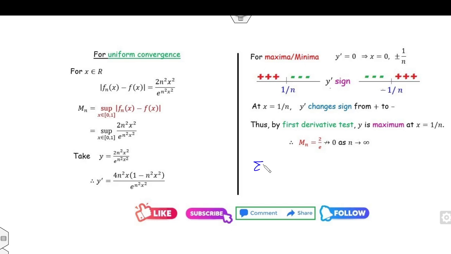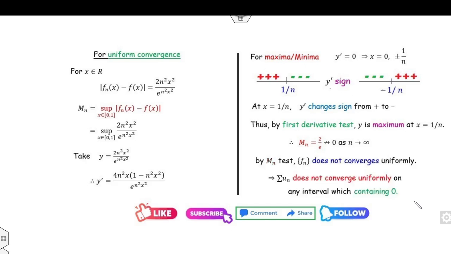Hence, the series un is not uniform convergent on the given domain or on any interval which contains the point 0. Now since x equal to 1 by n is the point of the maxima, what is the limit as n approaches infinity? So 0 is the point of non-uniform convergence.